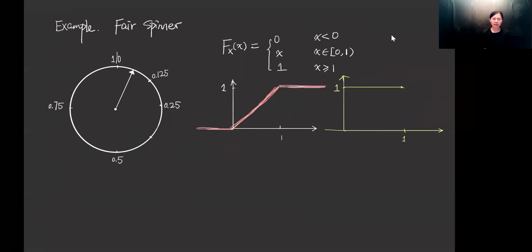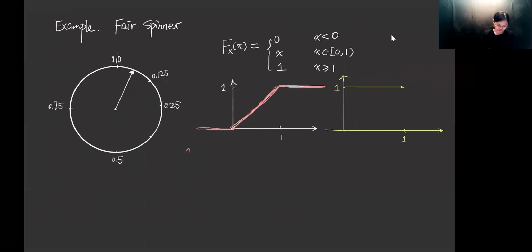So that is the CDF for the random variable x, that is the location, the outcome of the fair spinner. As you can see, this CDF is continuous, and it's also differentiable except at only 2 points. So we can calculate the probability density function by taking the derivative of this function.